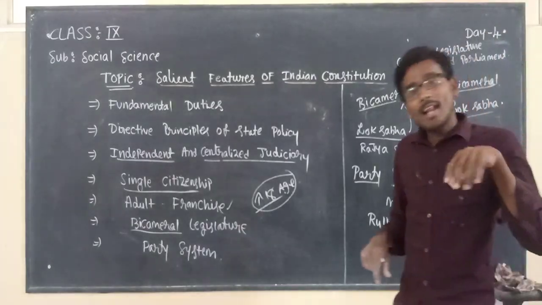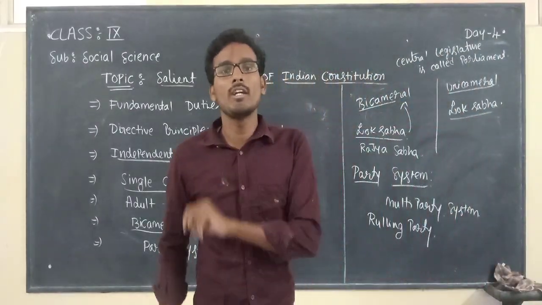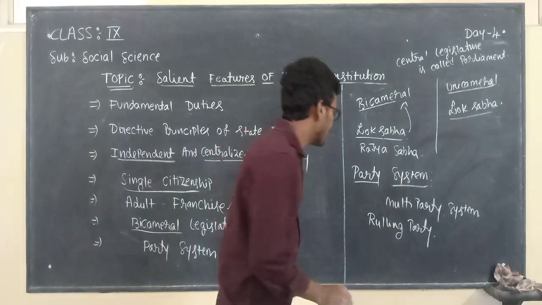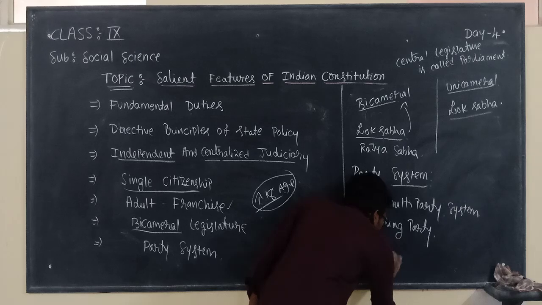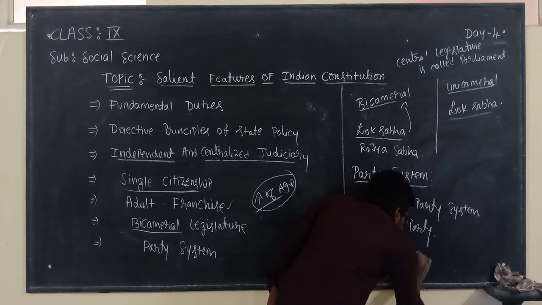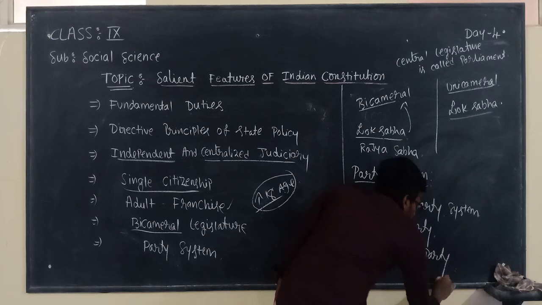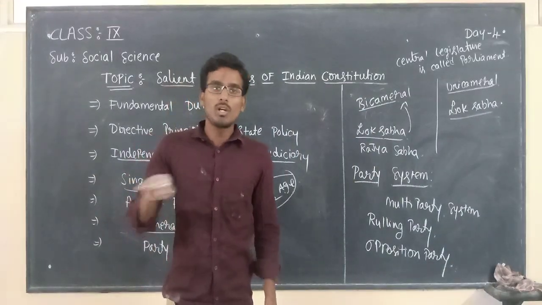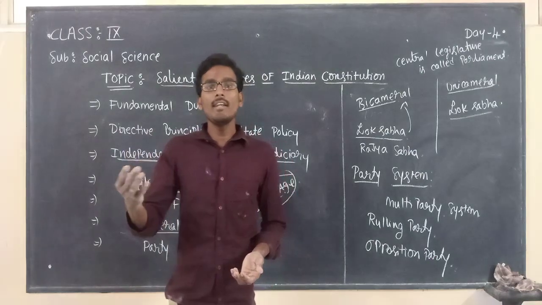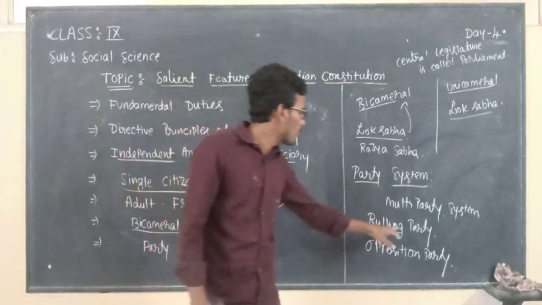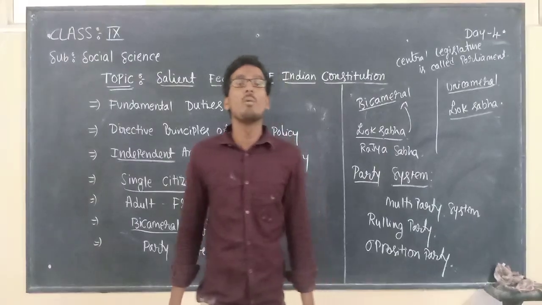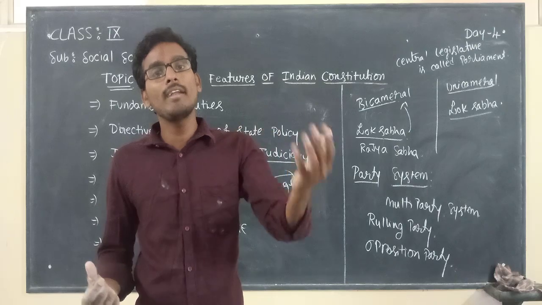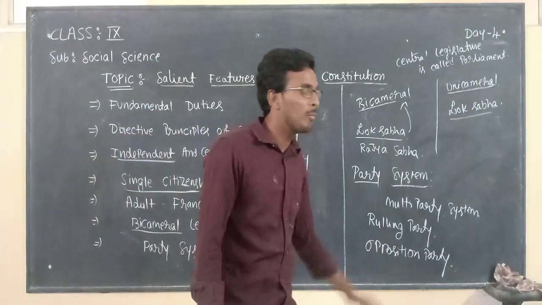Another party which is very important to question the rule of the ruling party is the opposition party. The political party which won the most votes next to the ruling party is known as the opposition party.